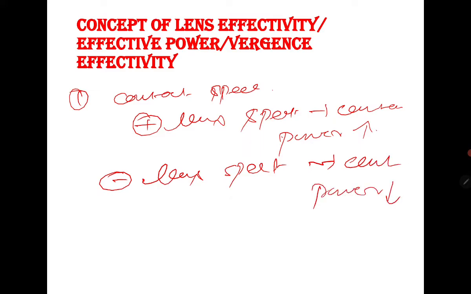As we know, in a plus lens, when it moves towards the eye, effectivity decreases. That's why we have to increase the power of the contact lens. But in case of a minus lens, when we move it towards the eye, the effectivity increases. That's why we decrease power.